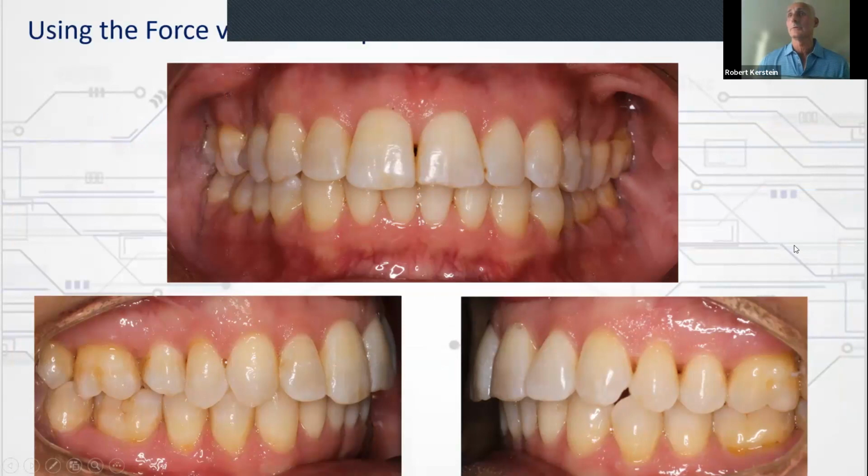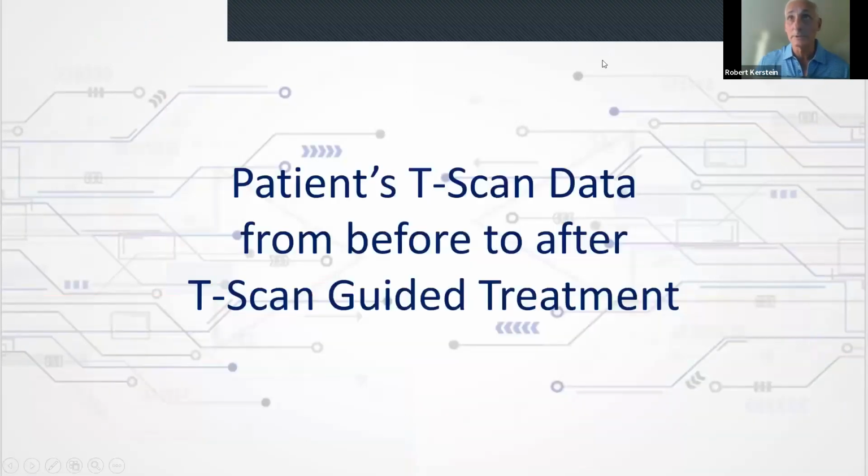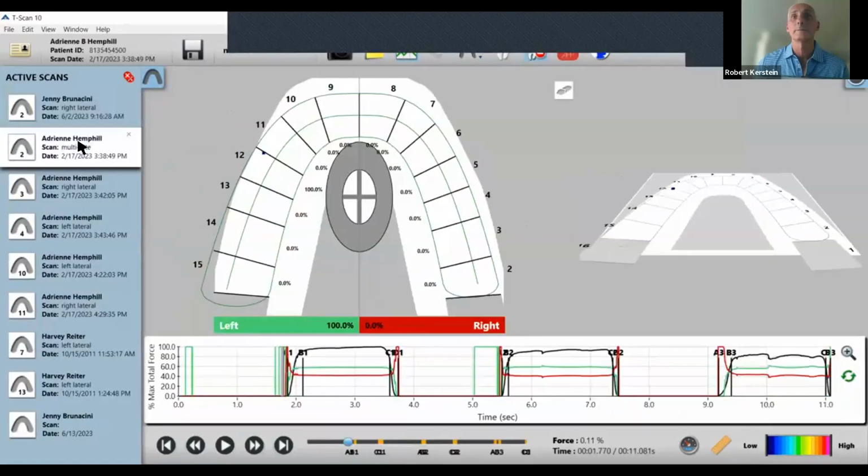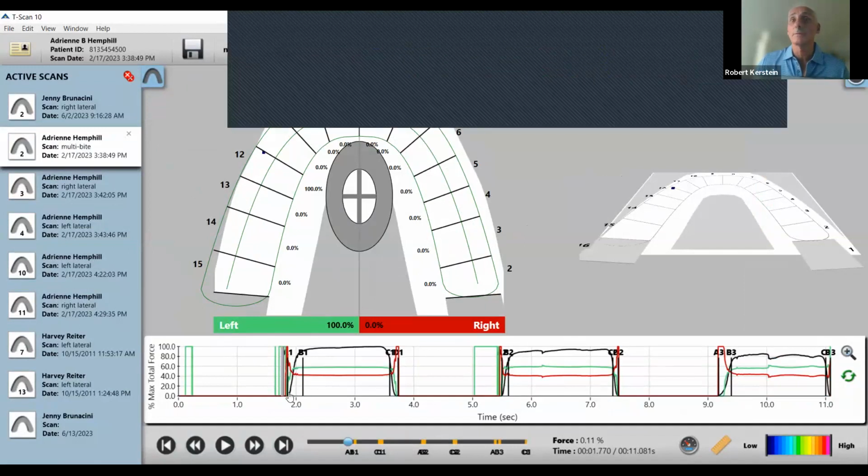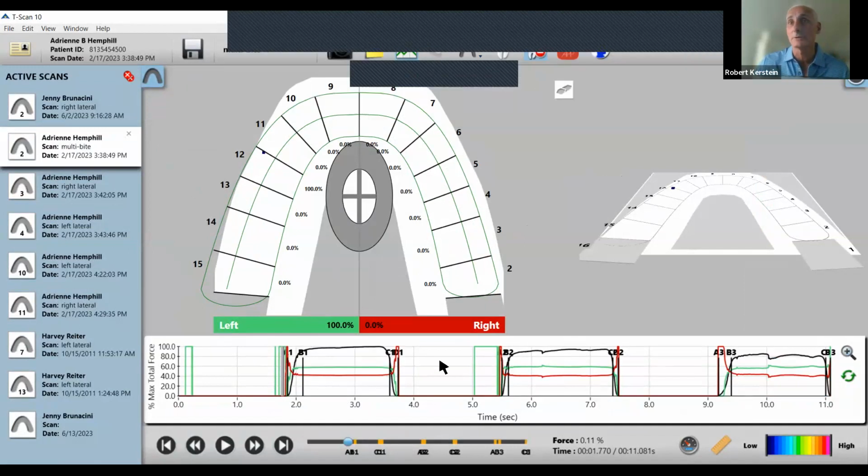So if we look at their TScan data, let me stop this share. We'll go back to the TScan. If we look at their TScan data, here's her multi-bite. So if we look at the multi-bite graph without playing the movie, you can see here she made a strong closure, but the second closure she's weaker and she loses force.